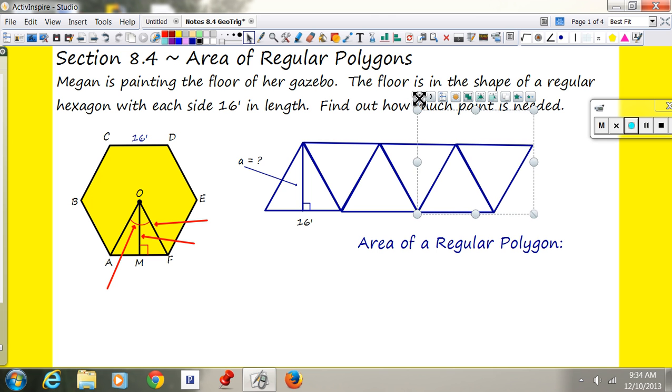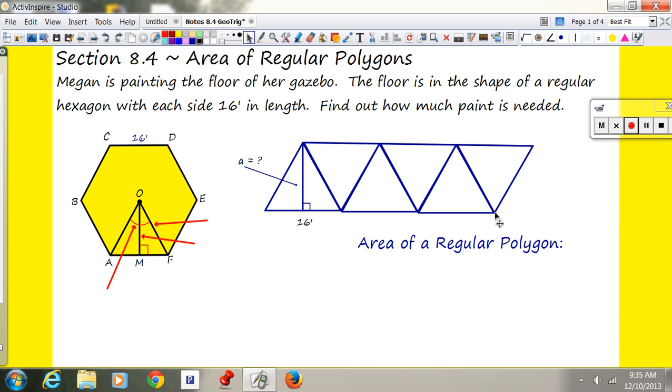I'm going to show you how you get the formula here. So every hexagon right here could be broken up into a parallelogram. You could take all 6 of these triangles out, shape them like this, and you would have a base times height parallelogram.